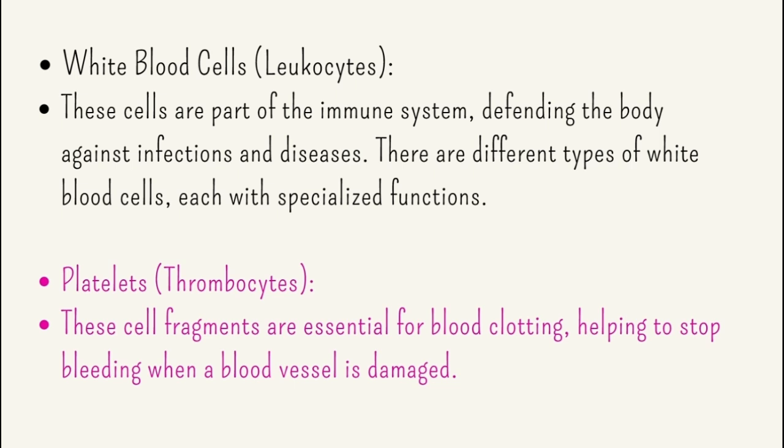So the last one we're going to look at is platelets. The main thing about platelets is that they function for blood clotting. They clot blood, helping to stop bleeding when a blood vessel is damaged. As I said before, if you get a cut or anything like that, this is what helps the blood clot up together to stop bleeding.